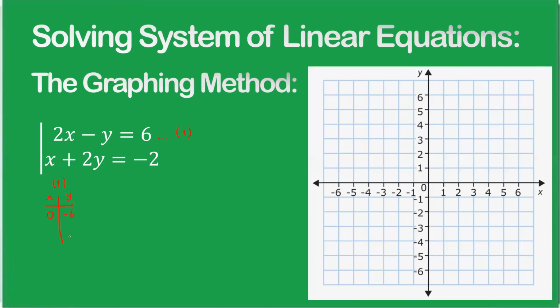And if I write 0 instead of y, 2x is equal to 6, x is equal to 3. Now let's get the points. (0, minus 6) is here, and (3, 0) is here, and we can draw the graph.